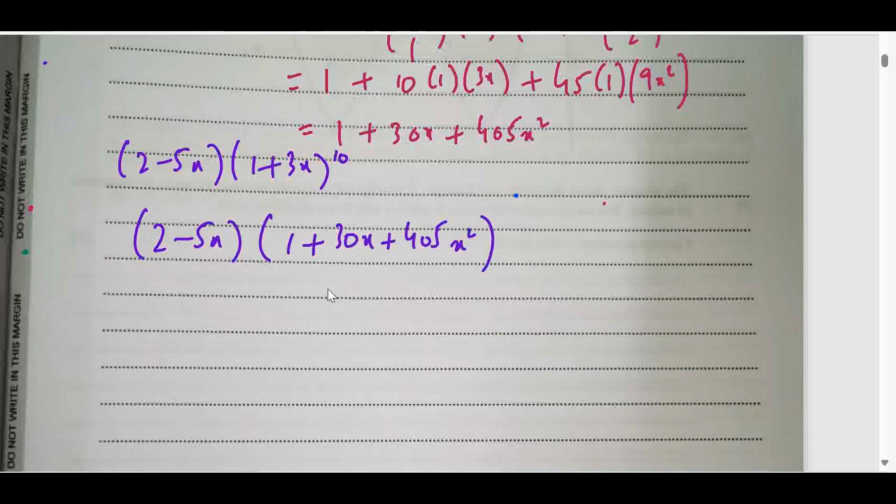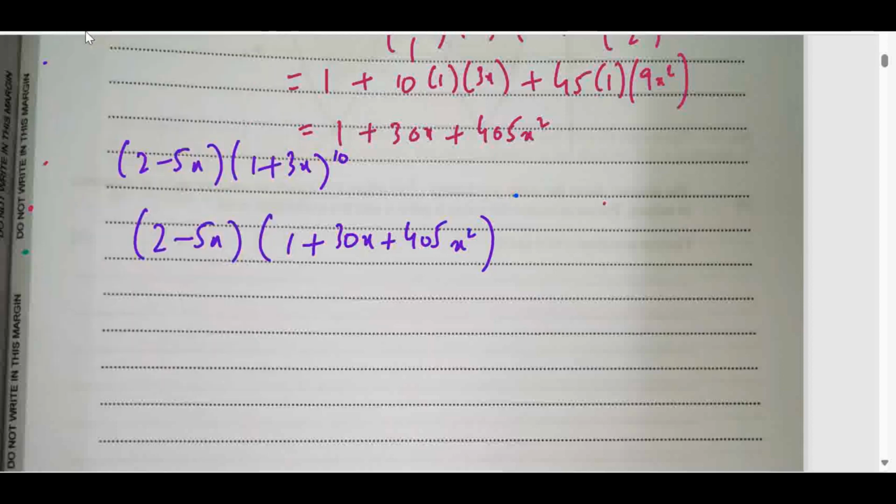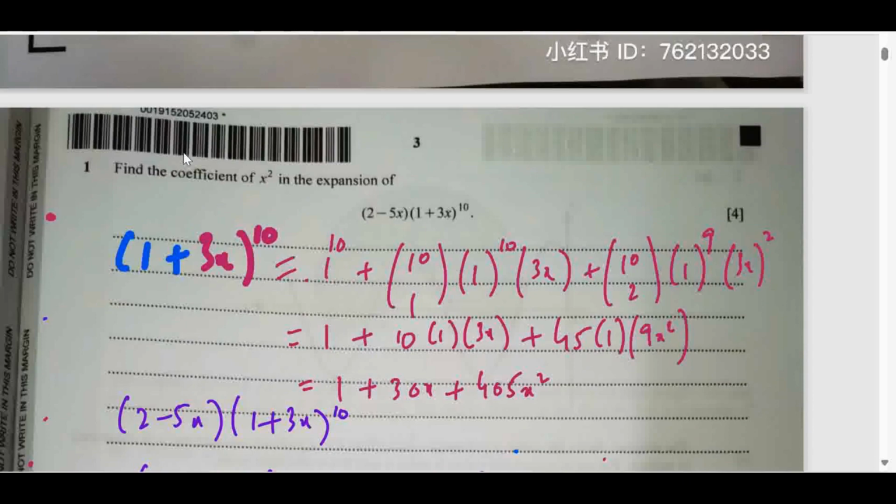405x square. Here we only have to multiply the relevant terms. If we multiply 2 with 1, x square will not come, because we are interested in the coefficient of x square.